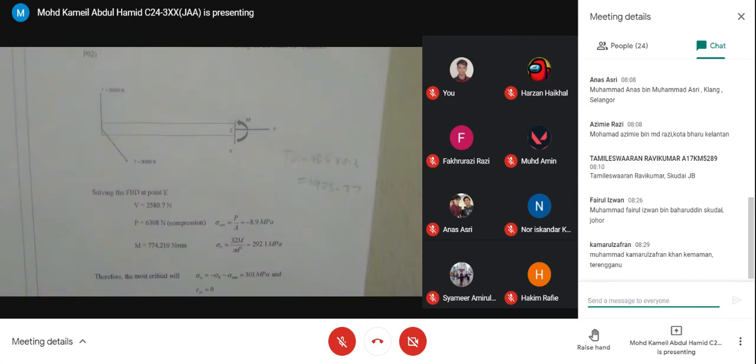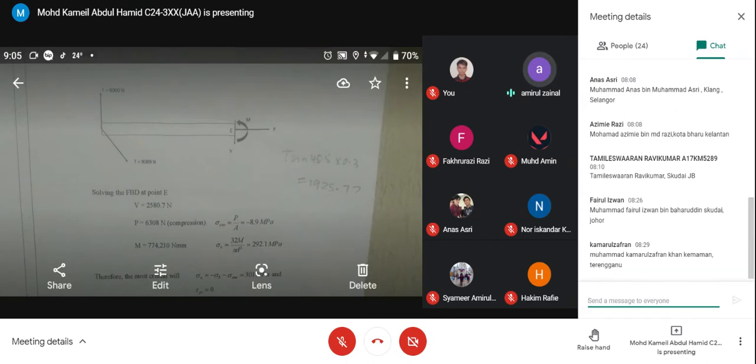Okay, so Doktor, ni yang formula untuk stress bending ni 32 M over pi D kuasa 3 tu untuk semua bentuk? D ni is the diameter of the round punya shaft lah. Oh, untuk round punya shaft je lah.